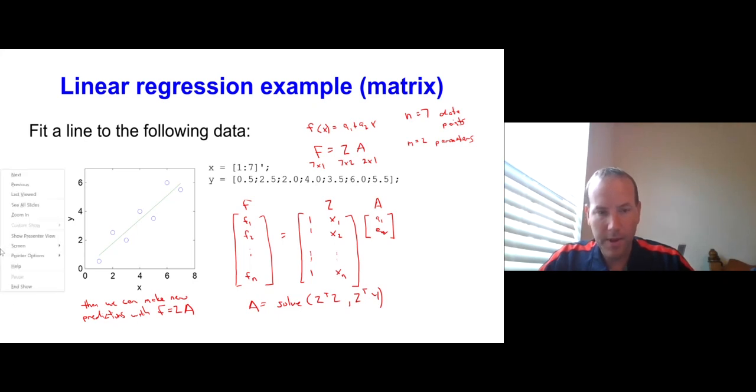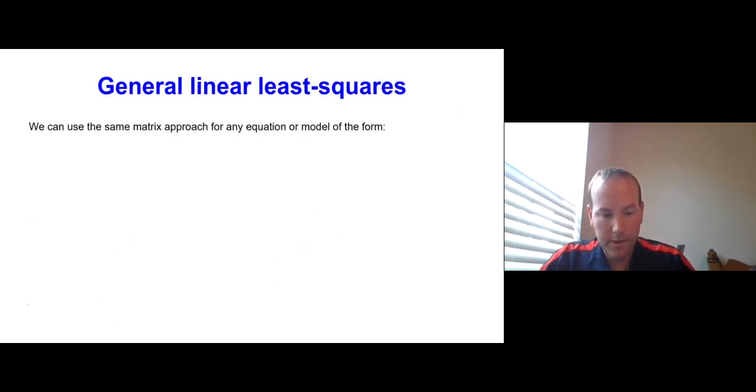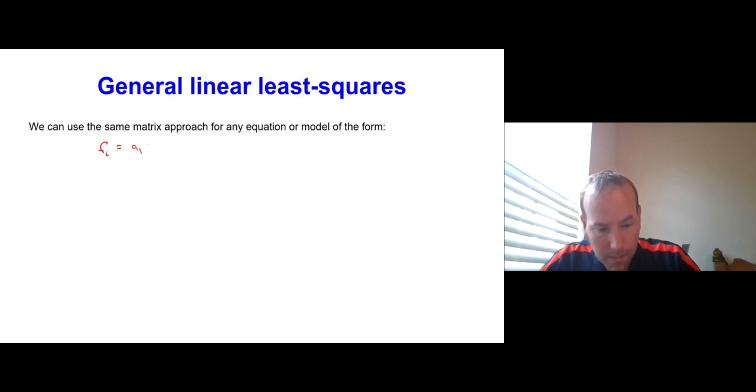And in a similar way, we can solve many other problems. So let me show you the general approach, and then we'll solve particular problems. First I'll write that f of i is going to be the general form of the types of models that we'll be dealing with.